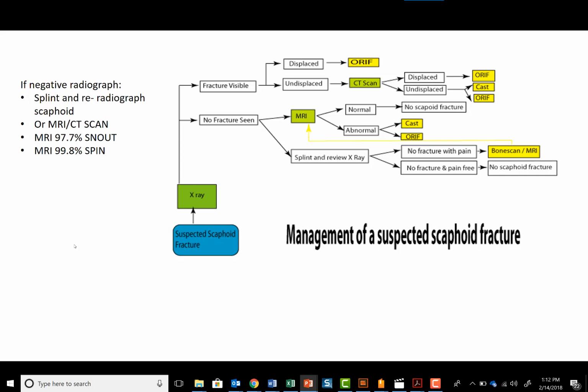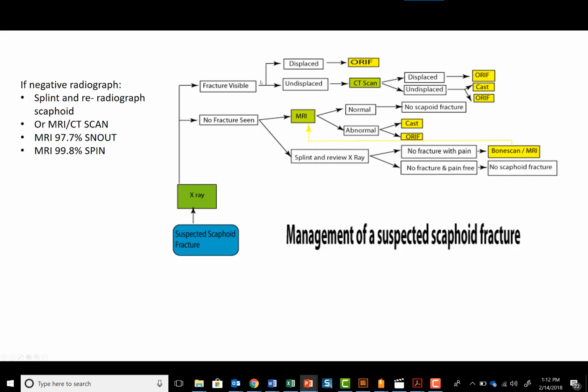So the tricky thing about a scaphoid fracture is that you may have talked about this in your imaging course. They don't always show up on x-ray. But you suspect a scaphoid fracture, they have an x-ray, no fracture seen. They still have pain up to 2 weeks later. You may need to do an MRI. If it's abnormal, you would then maybe cast it or see if they need surgery.